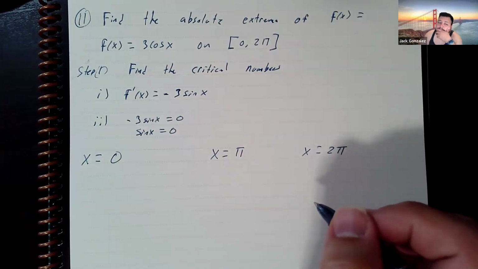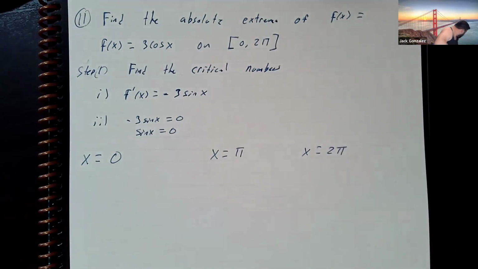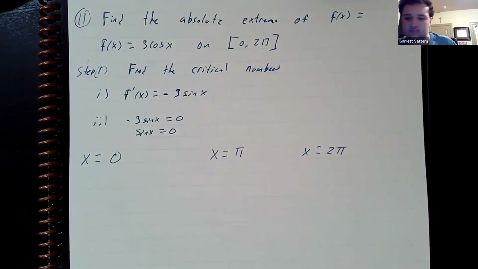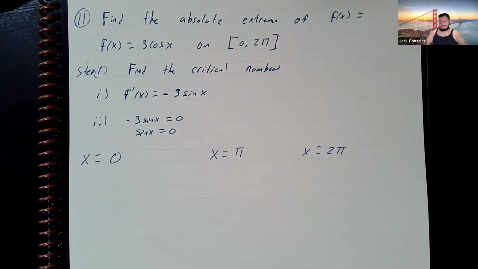That would make sine 0, correct? Correct. So those are your critical numbers.